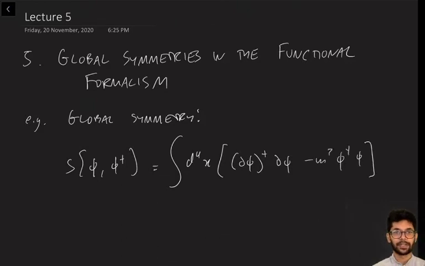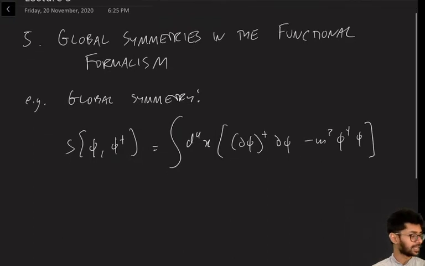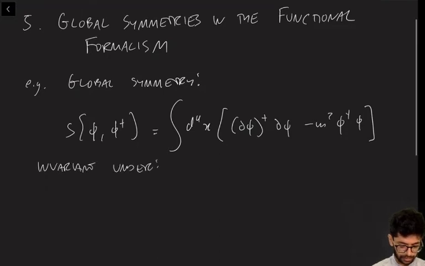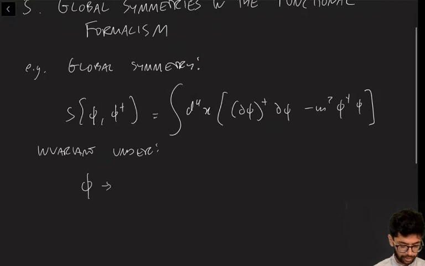Okay. So this theory is clearly invariant under phase rotations of the scalar field. So it's invariant under phi goes to phi times an arbitrary phase, e to the i alpha.